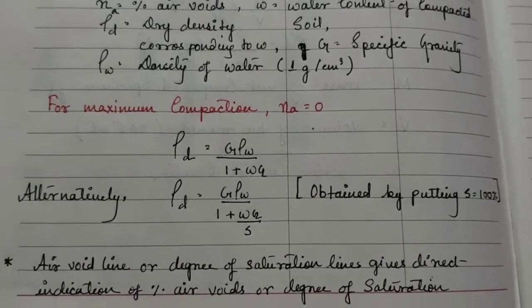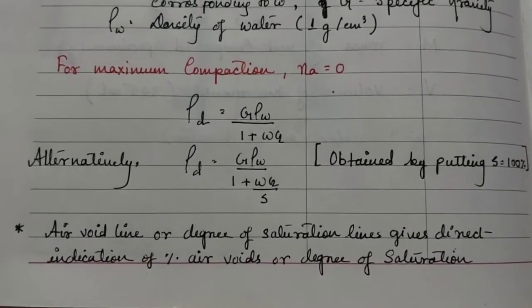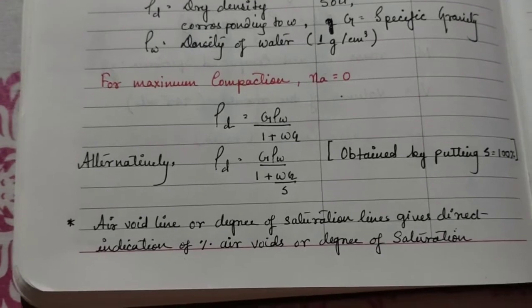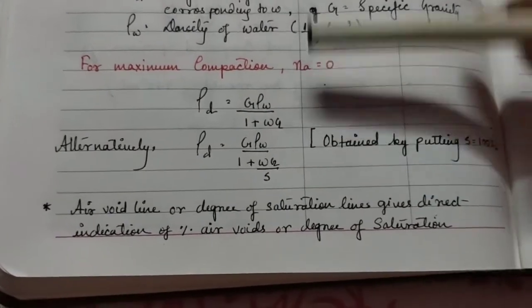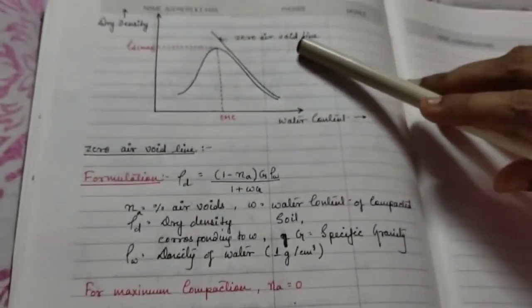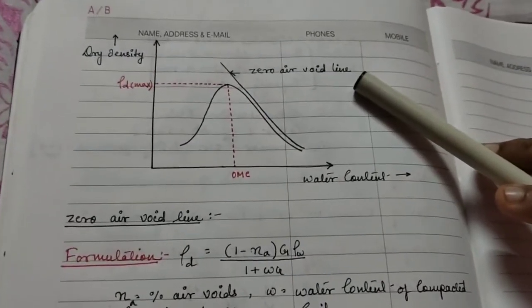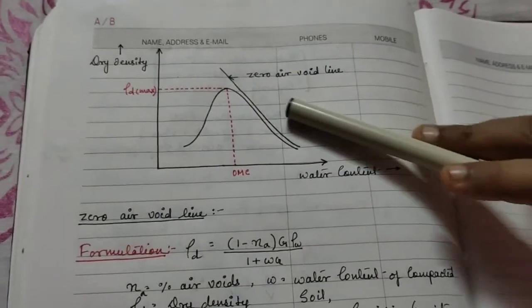So this line shows the dry density as a function of water content for soil containing no air void. Hence, this line is known as the zero air void line, since no air is present here.